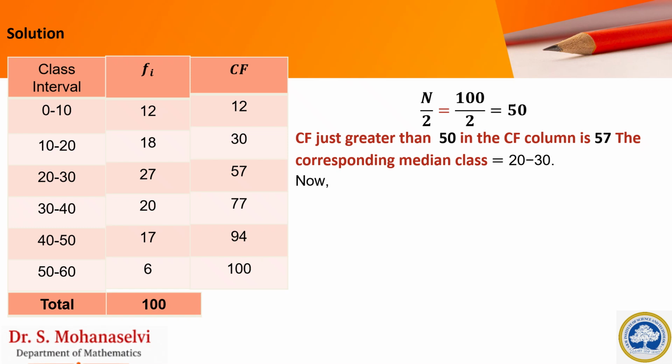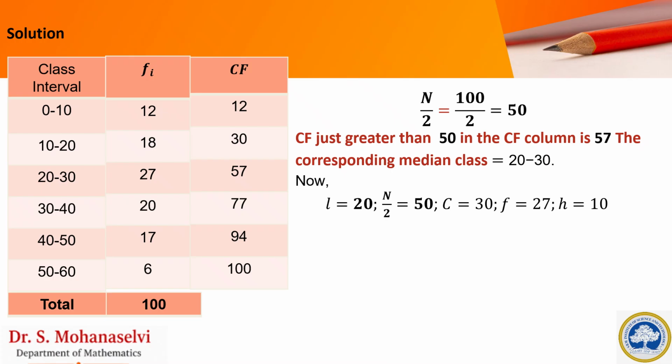Now to locate the middle observation, we calculate n by 2. Therefore, our median class will be 20 to 30, as the cumulative frequency just greater than 50 in the cumulative frequency column is 57. Now let us write the values. L is equal to 20, which is the lower boundary of the median class.